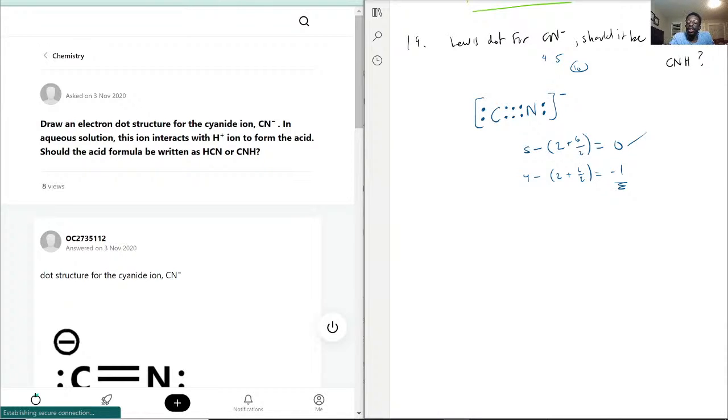Okay, so this is important, because when the hydrogen plus ion comes into bond, whether it's HCN or CNH, we don't know yet, it wants to resolve this -1 issue.